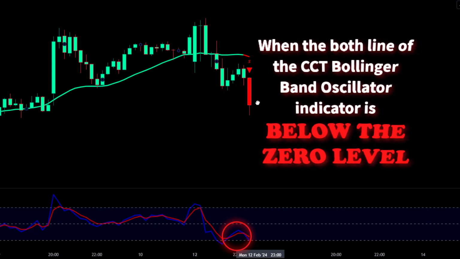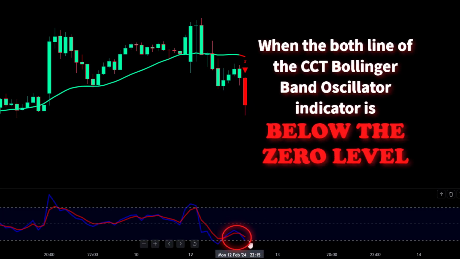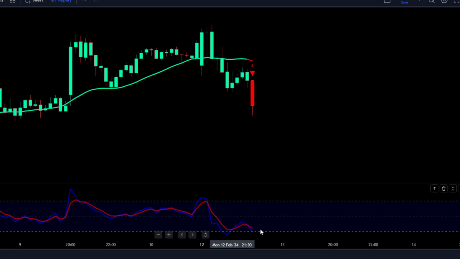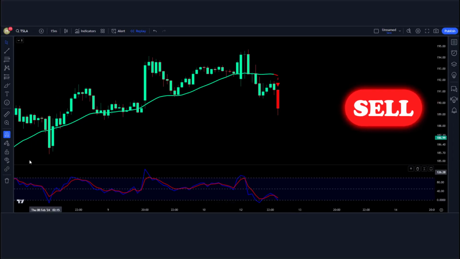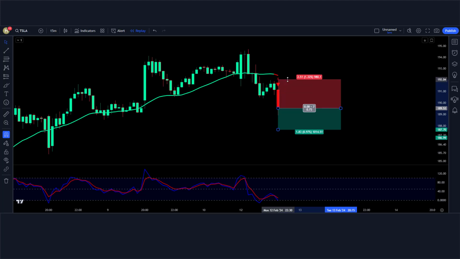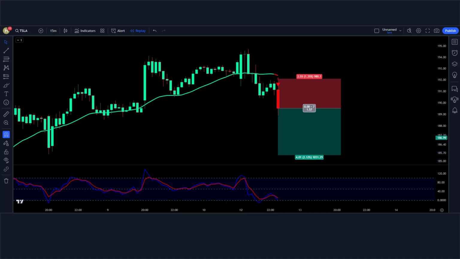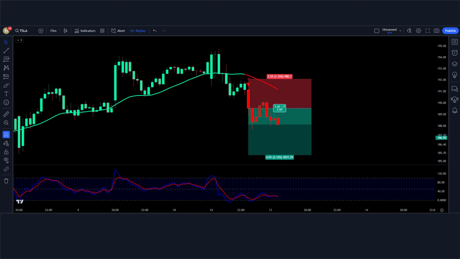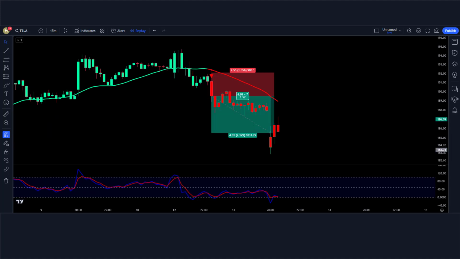When both lines of the CCT Bollinger Band Oscillator indicator are below the zero level. If this condition is fulfilled, then we will place a sell order. Our stop loss will be placed at the previous high of the market. And the risk to reward ratio will be 1:1.5. The market has completely hit the target.